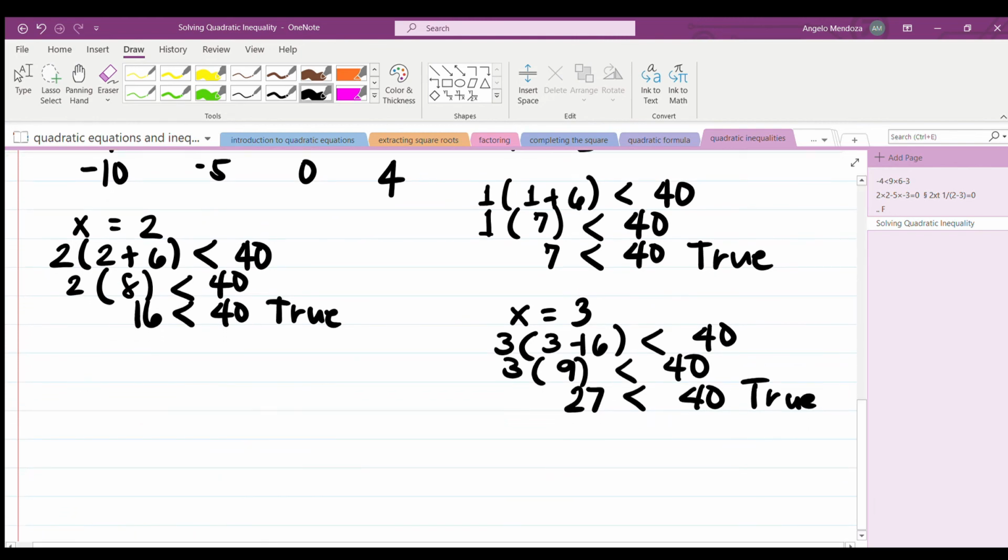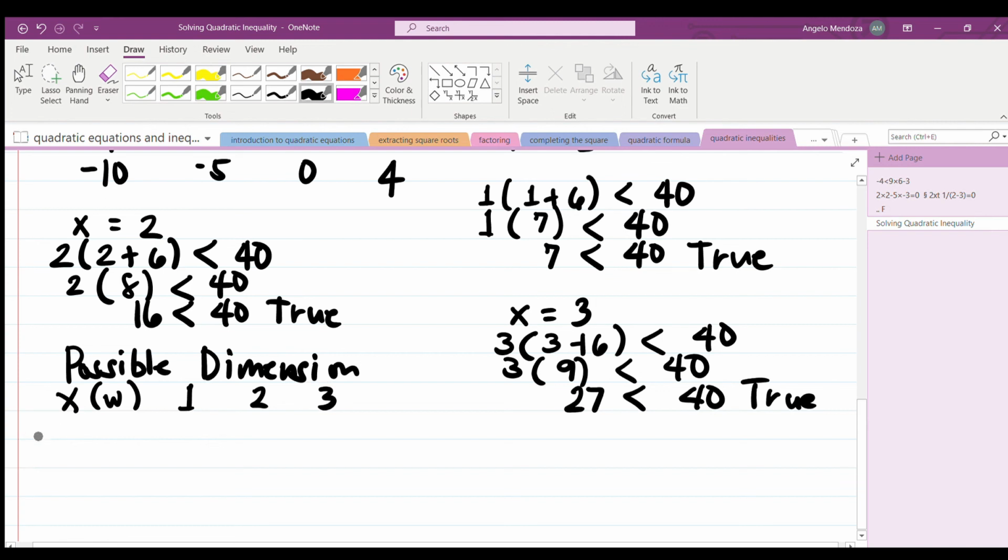So the possible dimensions that we are looking for are, if x, which stands for the width, is 1, 2, and 3, our length, which is x plus 6, just add, so you have 7, 8, and 9.